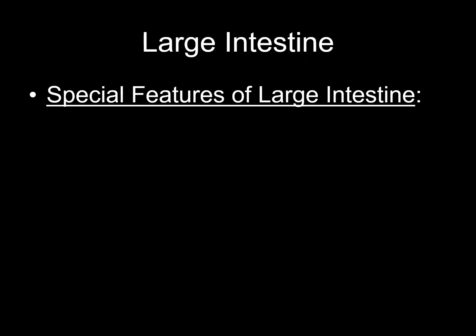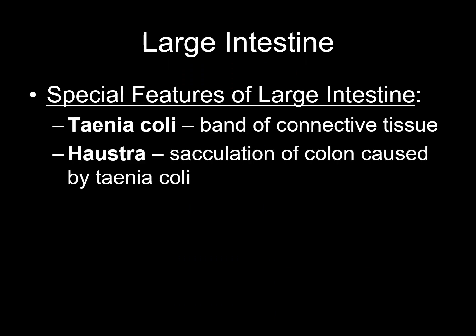So what are some special features of the large intestine? We talked about circular folds and villi in the small intestine. Now these are what the large intestine looks like. If you notice, there's a band running along the large intestine.